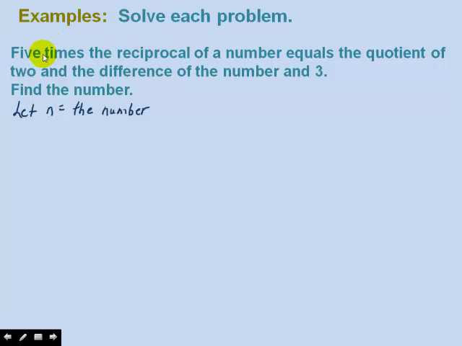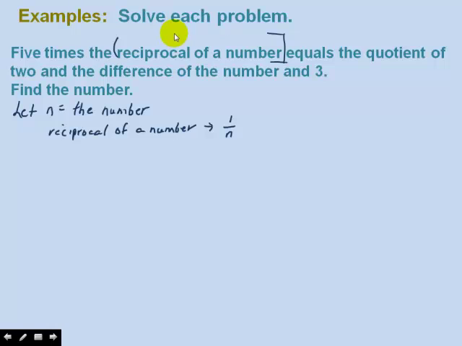Now we're going to translate. So if we have 5 times the reciprocal of a number, let's just start with that part. Okay, well we know our number is n. If we have the reciprocal of that number, so let's take our phrases and take them out of here. So the reciprocal of a number, if our number is n, would be 1 over n.